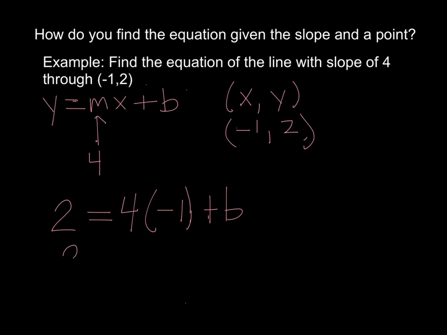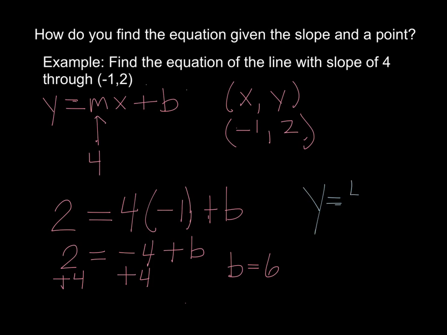So now we have, using a little simplification, 2 equals -4 plus b. Adding 4 to each side, we get b equals 6. So the equation of the line is going to be y equals m, which is 4 and was given to us, x plus 6.